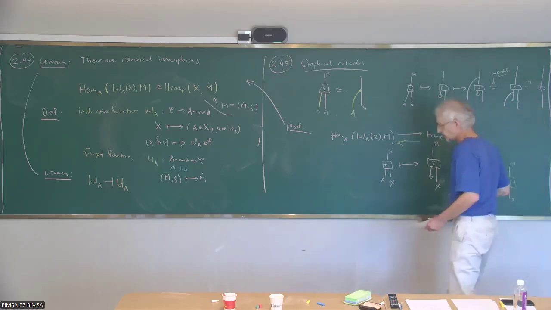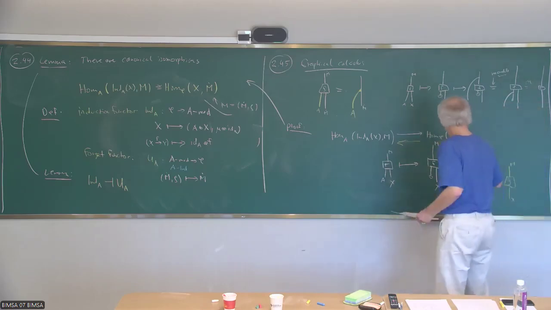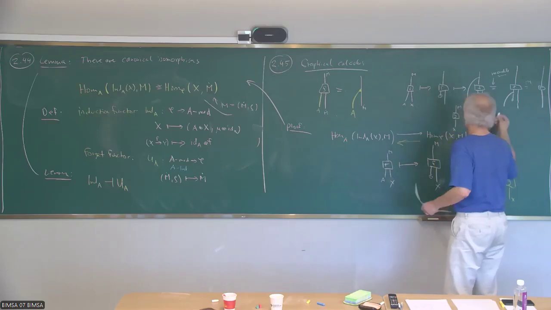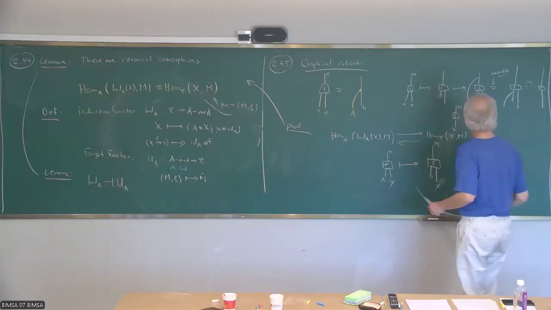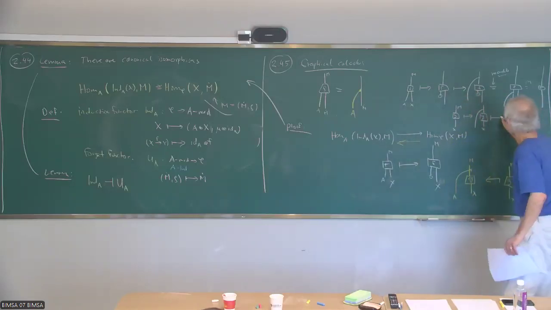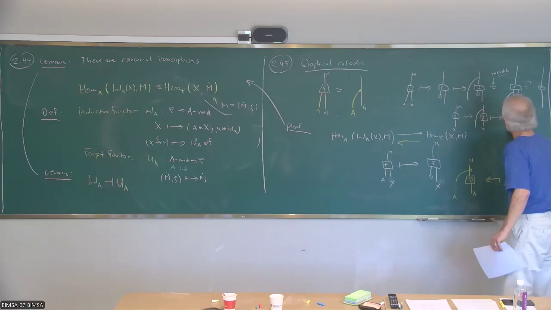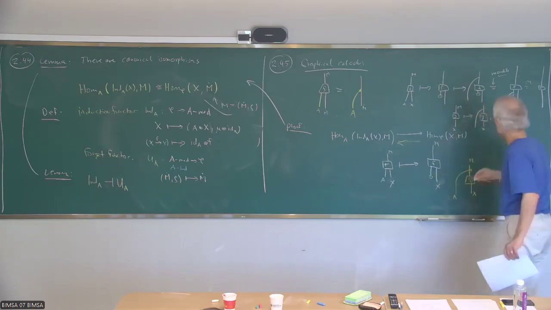And in the other direction, we start with G. Well, this is almost trivial, so maybe I would not even have shown it. We put it like that, and then in the second step, we add the unit.